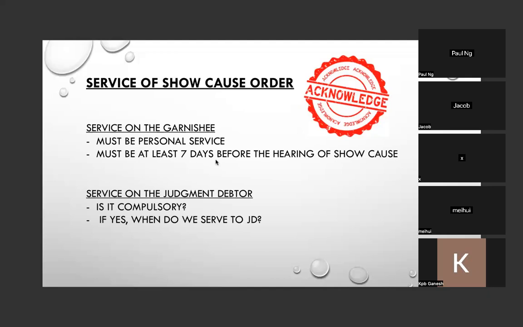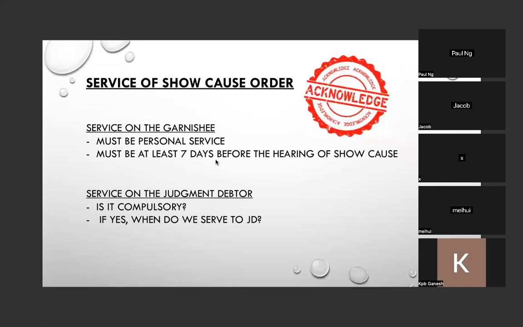We don't serve it to the judgment debtor first. On that particular time and date itself, we have to make sure that the bank accounts were frozen. That means there will be no more transaction in and out for this particular account. Once we get the confirmation from the bank, then we serve it to the judgment debtor.